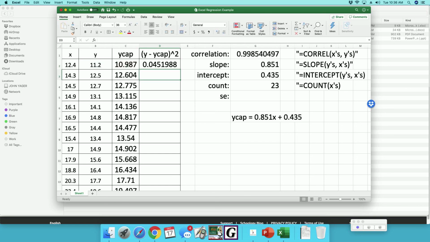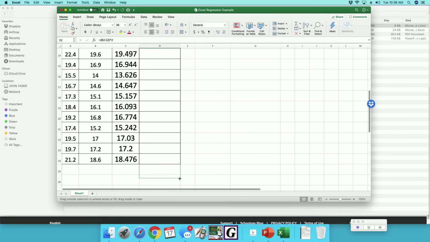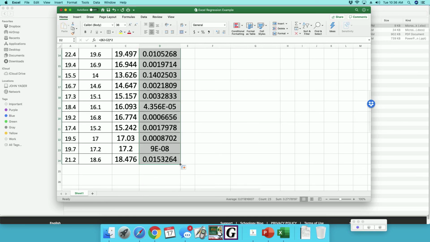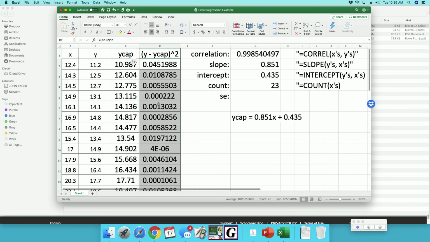Press enter. Now that's the one for D2. Once again, we're going to highlight D2, go to the bottom right hand corner, drag it all the way down to D24, let go, and there are all your y minus y cap squareds.